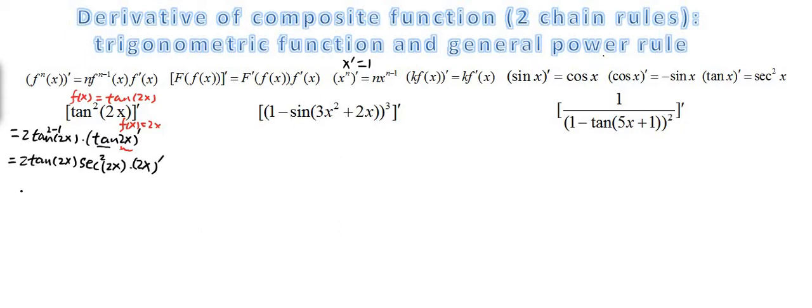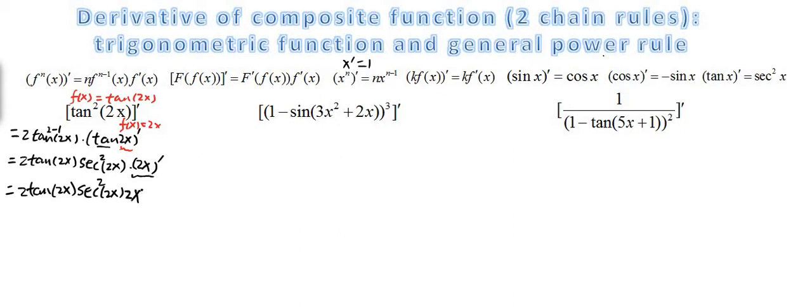Okay, and we copy the first 2 terms: 2 times tangent 2x, secant 2x square. And how to solve the derivative of 2x? We're gonna apply the constant multiple rule. That means we keep the constant 2 the same, or pull the 2 out of the derivative.